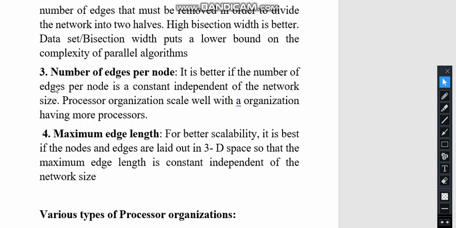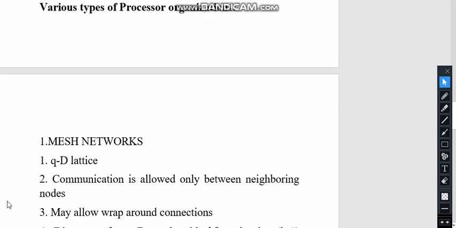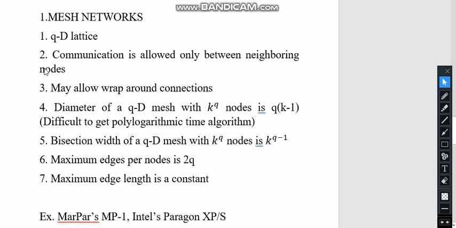Now we will study the various types of processor organization in detail, and we will start with the mesh network. A mesh network is a network which consists of a q-D lattice. Q is the value, whether it is one dimensional, two dimensional, or three dimensional, and D represents the dimension, which dimensional lattice it is.